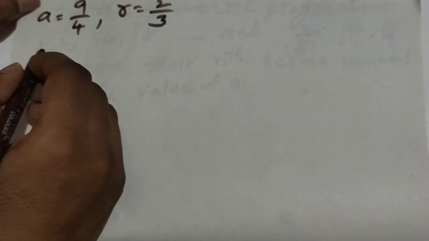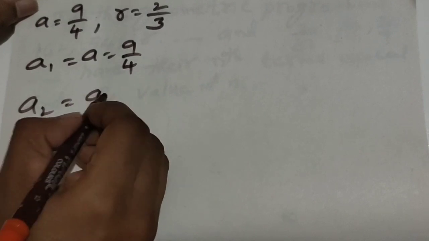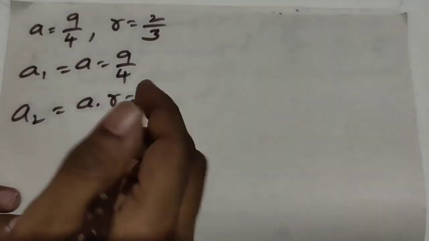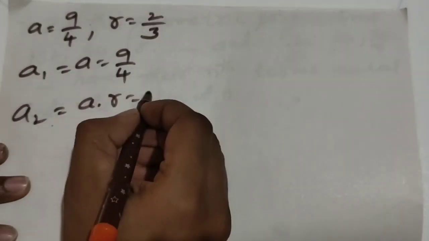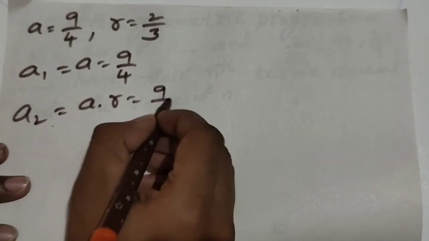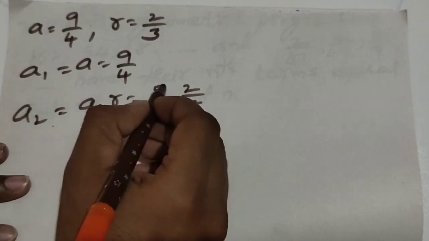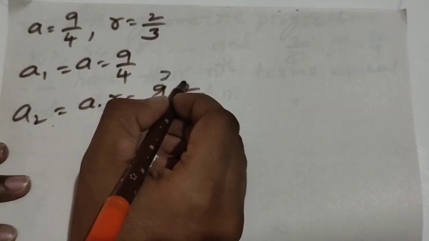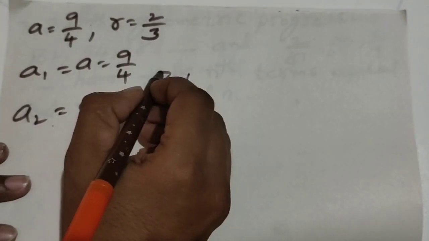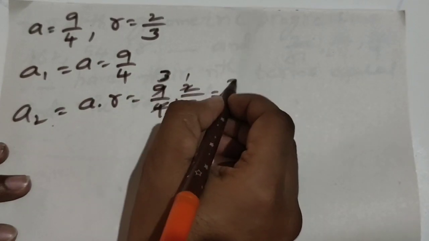Now as we know, the first term is a1 equal to 9 by 4. Then a2 is simply a into r. Substitute a value 9 by 4 and r 2 by 3. Then cancellation: 3 ones are 3, 3 twos are 2, we simply get 3 by 2.